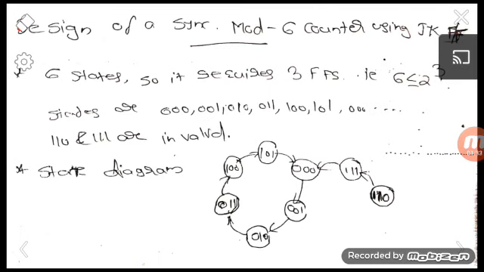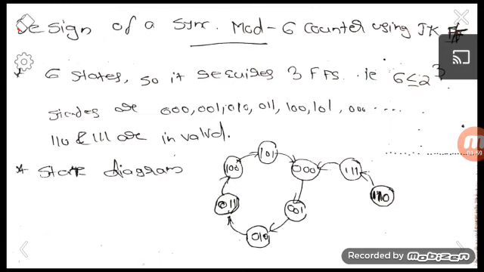Using these 3 flip-flops we can actually count from 000 up to 111, but here we need to count only 6, that is from 000 to 101: 1, 2, 3, 4, 5, 6 counts. So this is a shortened modulus counter, a mod 6 counter.